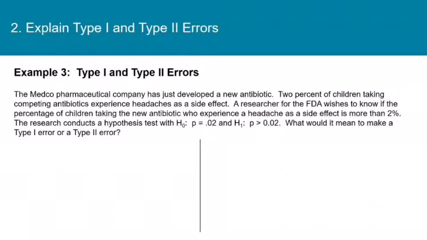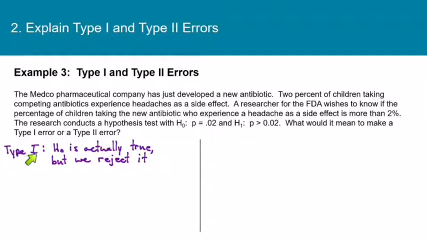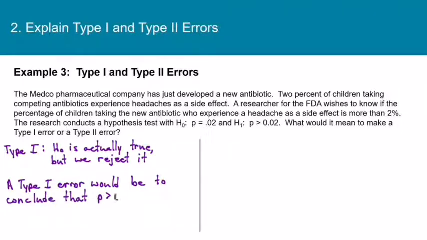Okay, remember, type 1 error is when we reject the null hypothesis even though it's actually true. So in a type 1 error, the null hypothesis is true, but we reject it because we believe it's false. So in this case, a type 1 error would be to conclude that the proportion of children who get headaches as a side effect is greater than 2%, when in fact it's not.